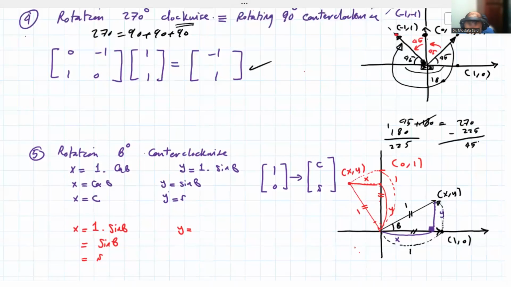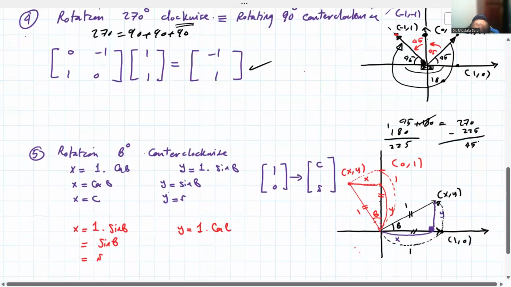Y now, with this being theta, is 1 times cosine theta, equal to cosine theta, or basically C.